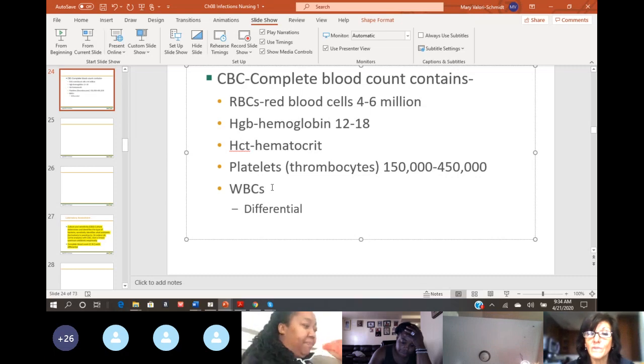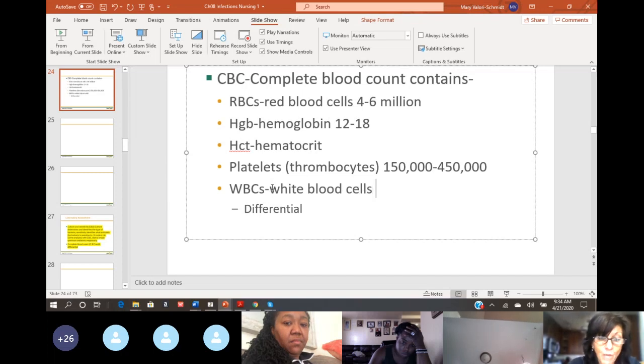Then white blood cells, and you have 5 different types of white blood cells. The total white blood cell count should be somewhere between 5,000 and 10,000. When you see that number elevated, that is a sign of infection.